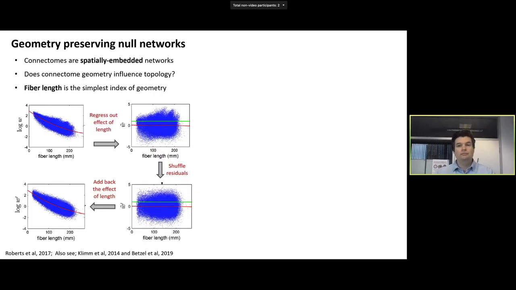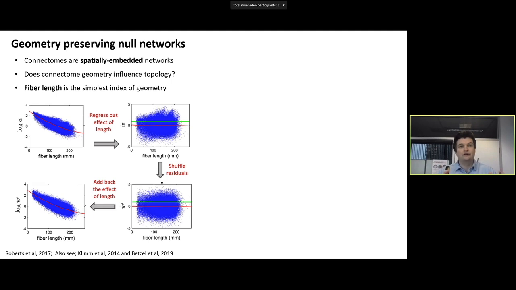More recently, there has been interest in incorporating geometry into our null networks in connectomics, and this allows us to assess the impact of geometry on network topology. So Roberts and colleagues have developed an efficient approach to preserve geometry in our null networks. It basically involves regression.